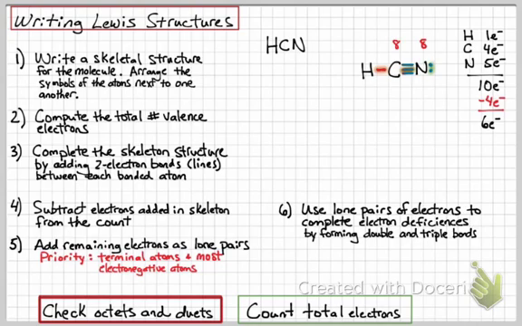So now everyone's happy. Carbon has an octet, nitrogen has an octet from its 3 bonds and its 1 lone pair, and hydrogen has its duet. Finally, we'll count up the total number of electrons in the structure, see that there is 2, 4, 6, 8, 10 electrons, and so this is the correct Lewis structure.